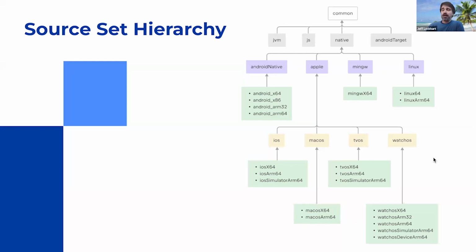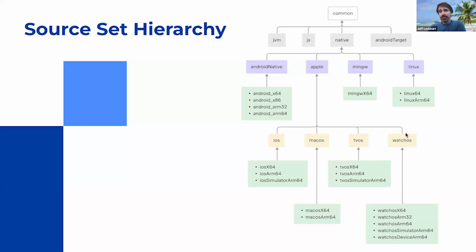But yeah, with this specific application, I didn't share any code with JavaScript, but the nice thing about Kotlin Multiplatform is you have the ability again to share any pieces of your code with any of the targets that those APIs support.